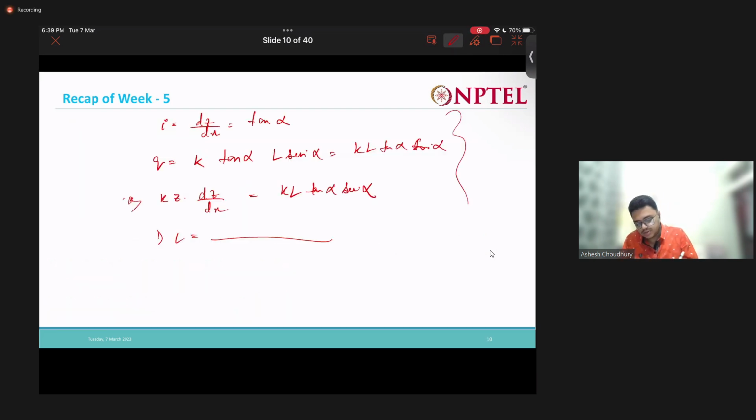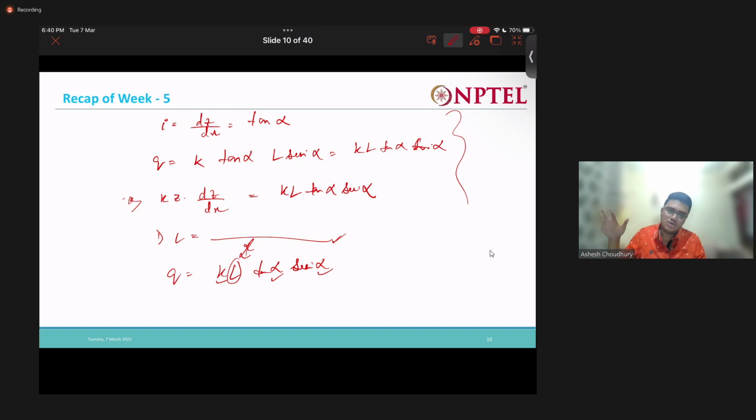As we have determined L, we can find the value of Q. My Q is nothing but k L tan alpha sin alpha. L you get from this equation, k you know, alpha you know, so you can find the seepage flow that will be occurring per meter length of this earth dam.